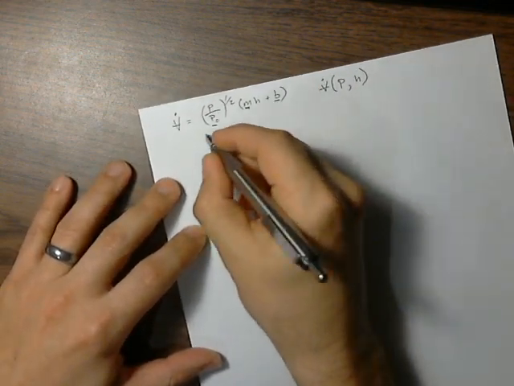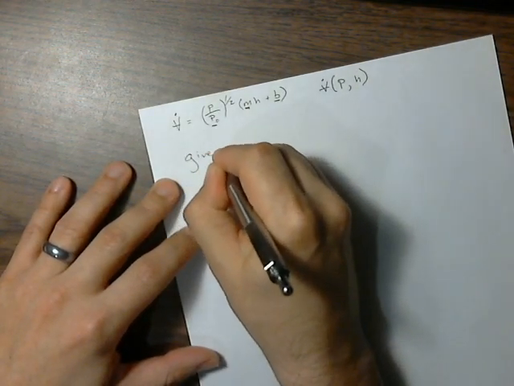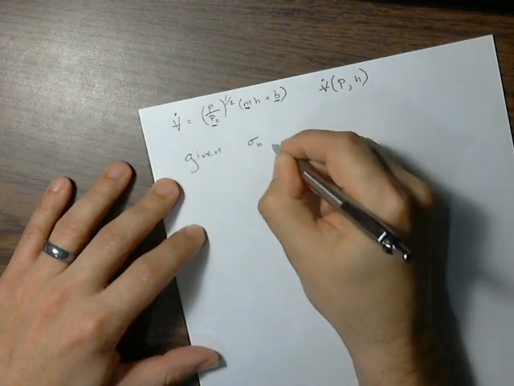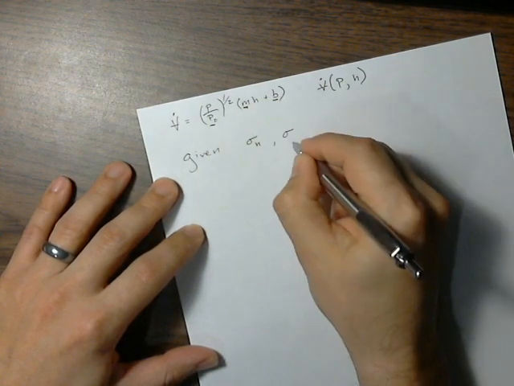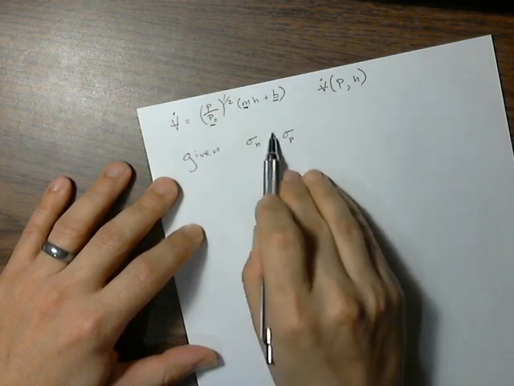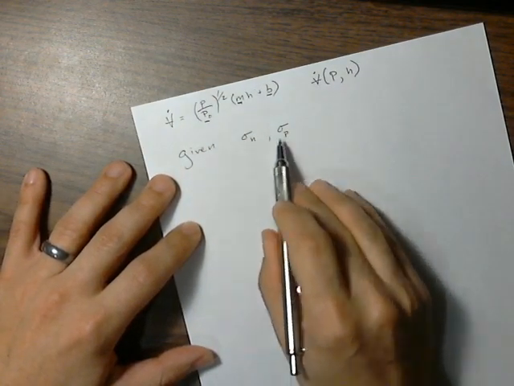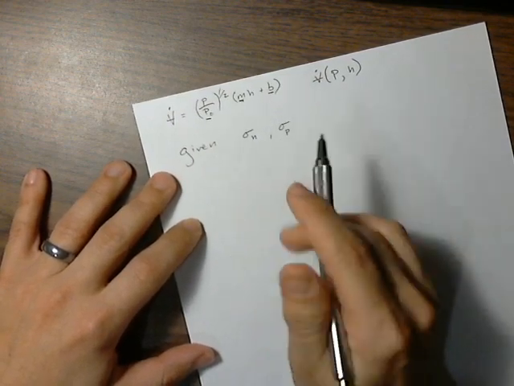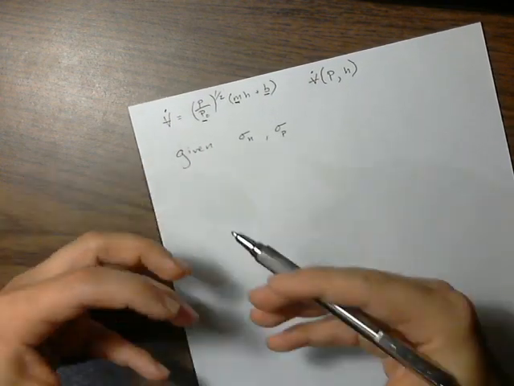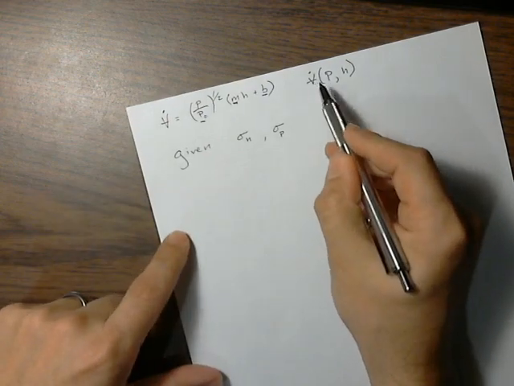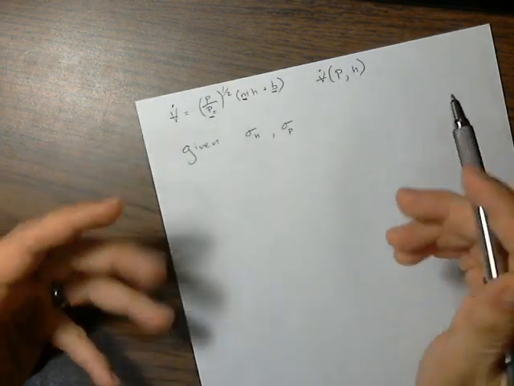So given that we have a certain amount of standard deviation or uncertainty in H, and a certain amount of uncertainty or standard deviation in P, the question is, what would the standard deviation of V be? This is an interesting question.